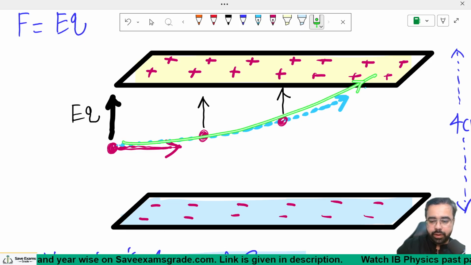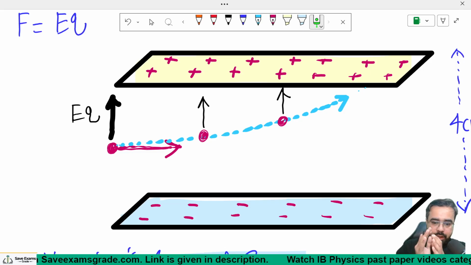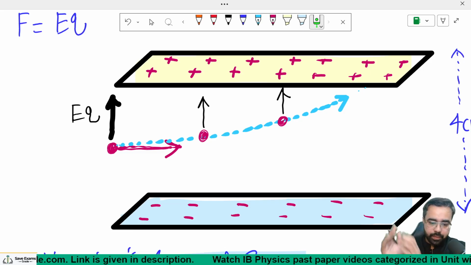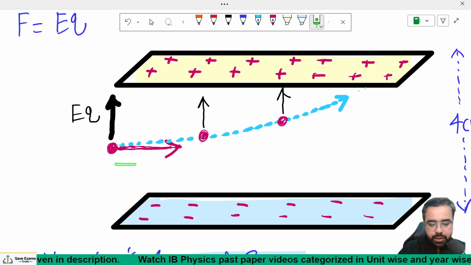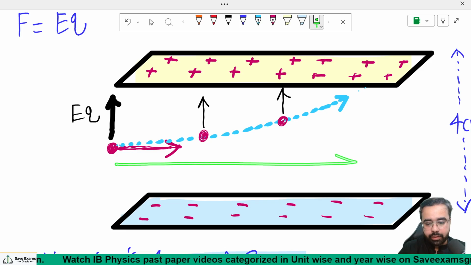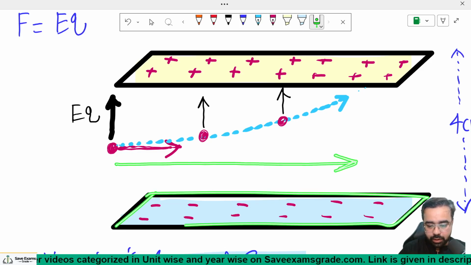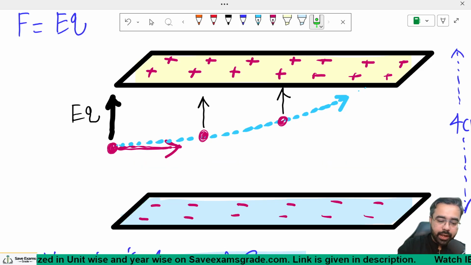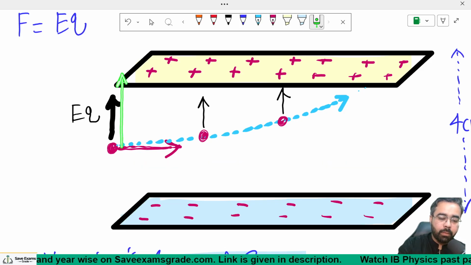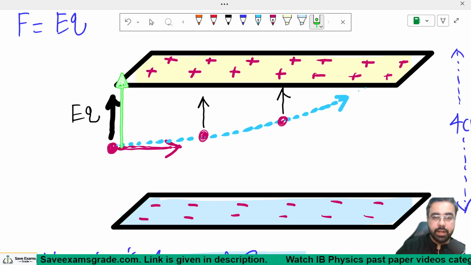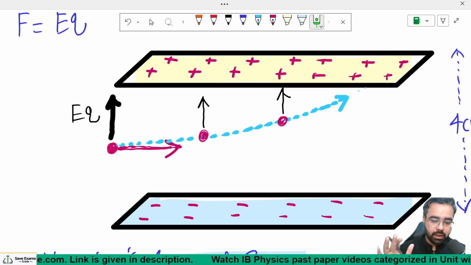So how much has it traveled parallel to the plate? It has traveled two distances simultaneously. It has traveled this distance horizontally, which is parallel to the plate, as well as vertically upward simultaneously. That's why it is two-dimensional motion.